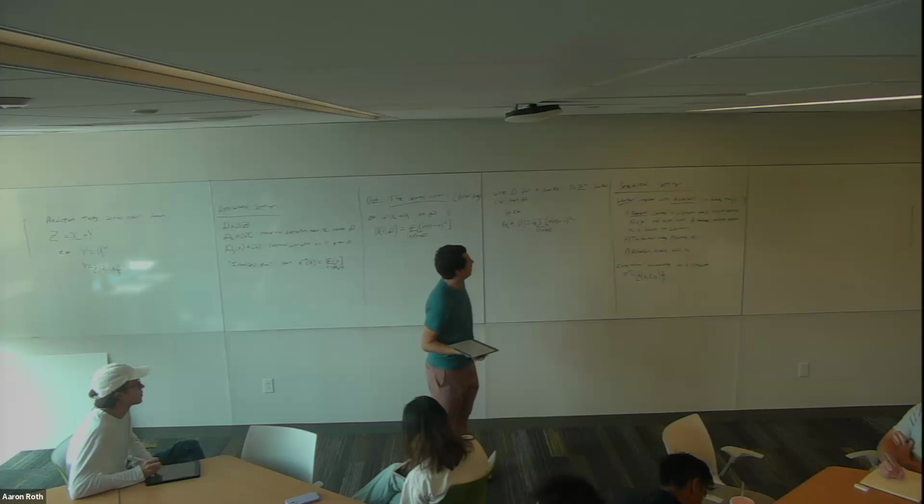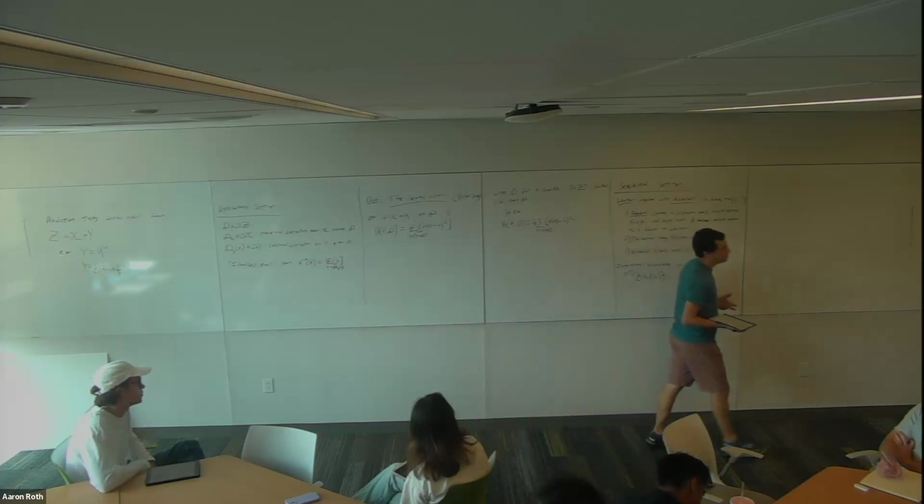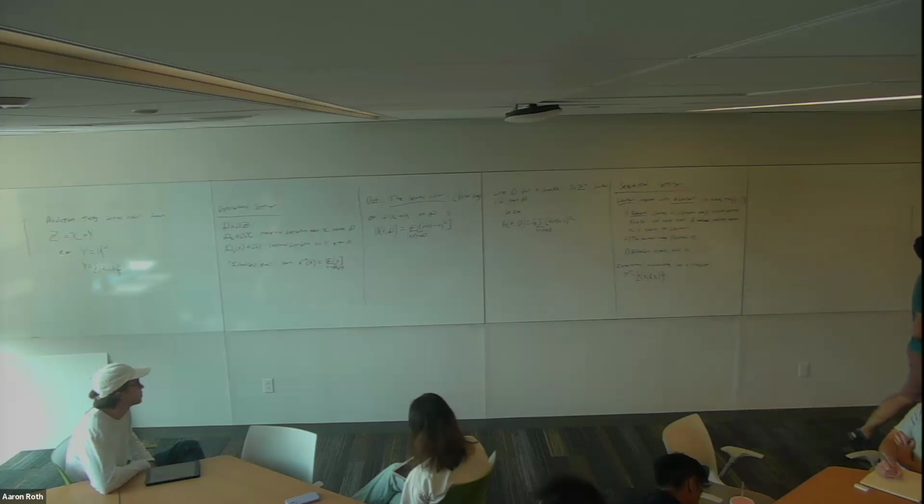Just to give some color as to what's going on here, the adversary is going to be a pretty powerful object, or said another way, we're going to make very few assumptions about the adversary.